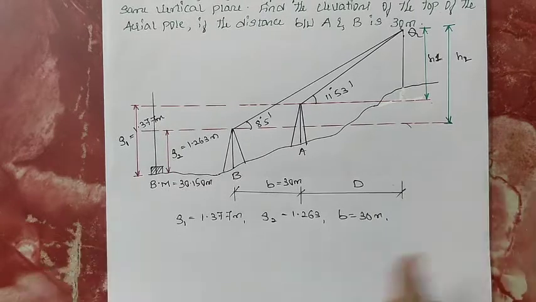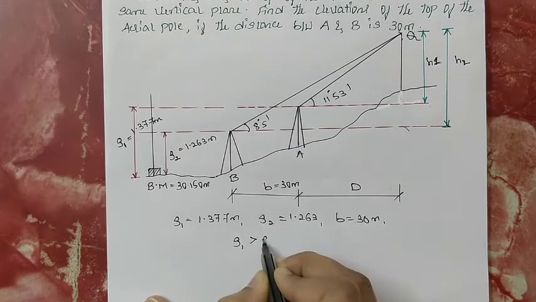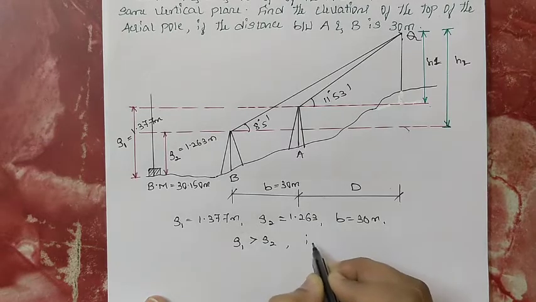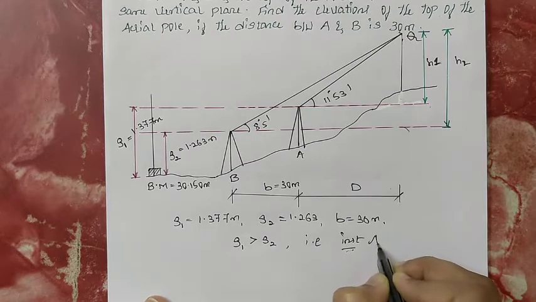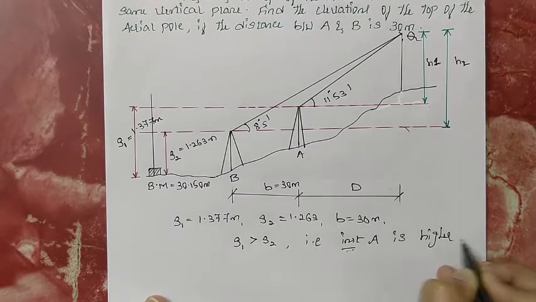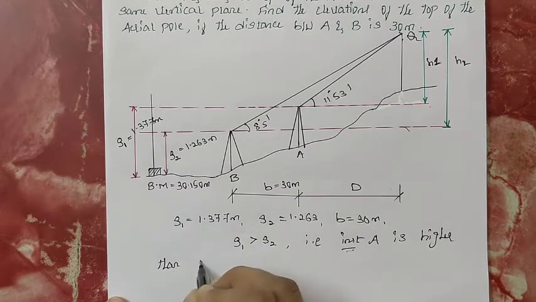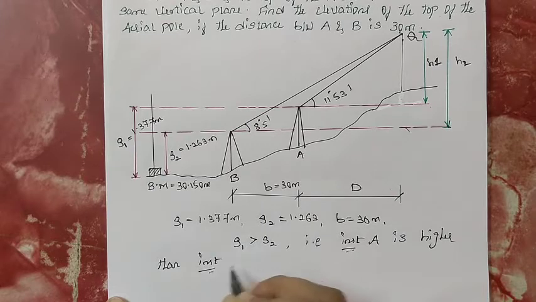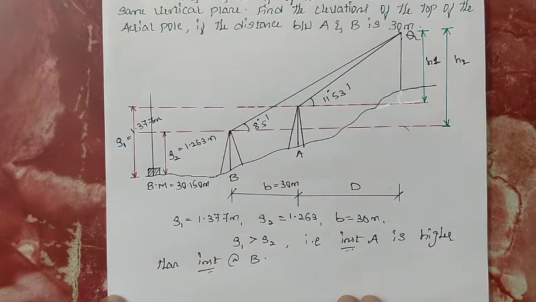You can observe here S1 is greater than S2, that is, instrument A is higher than instrument at B. Then calculate the distance D value.